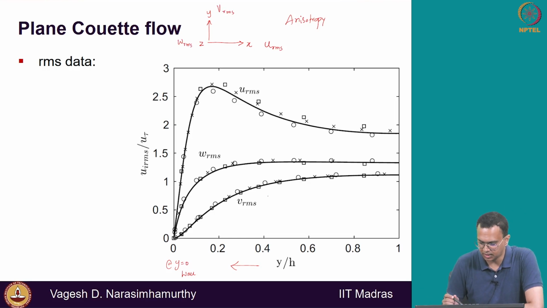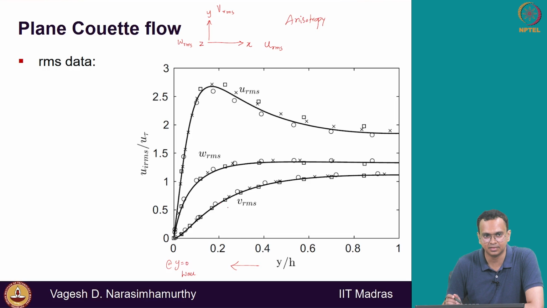So what do you notice as you approach the wall, as y approaches 0 in the 3 graphs? Only as you are coming close to 0, see what do you notice here? Anything very peculiar that you observe?